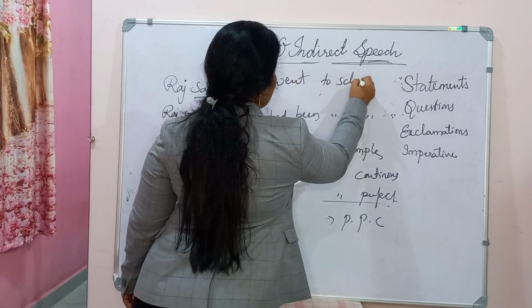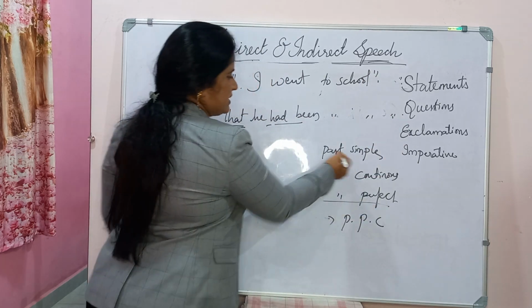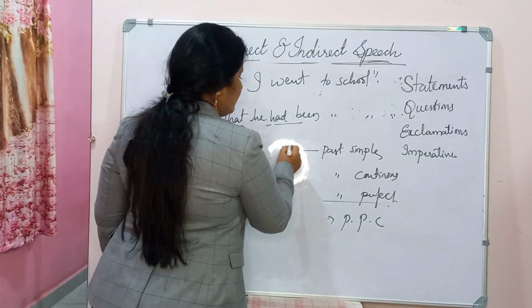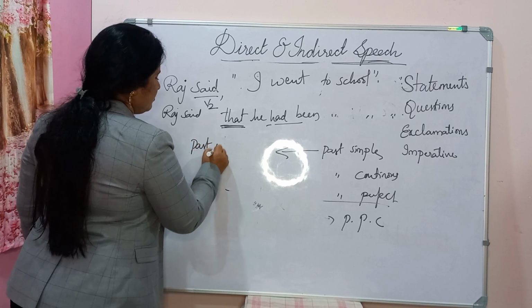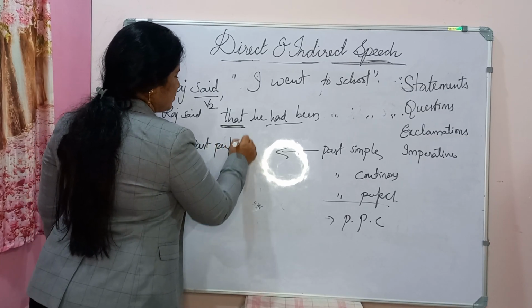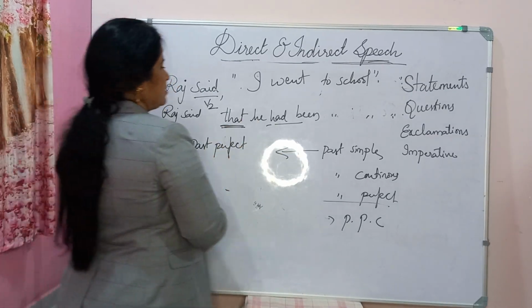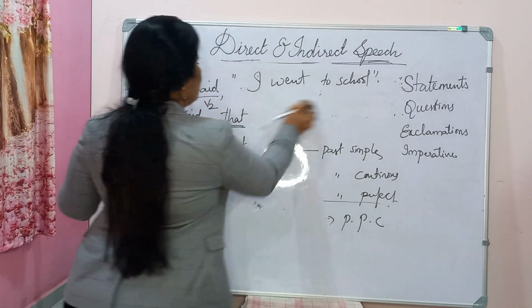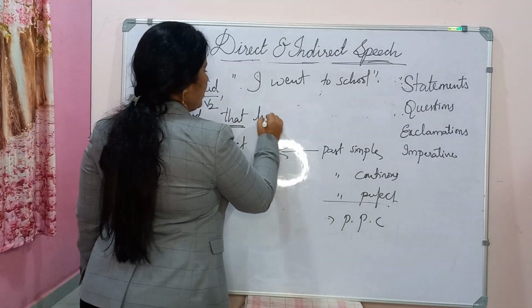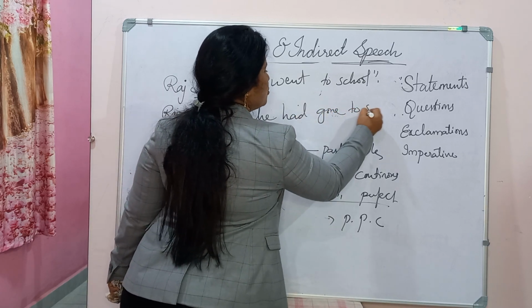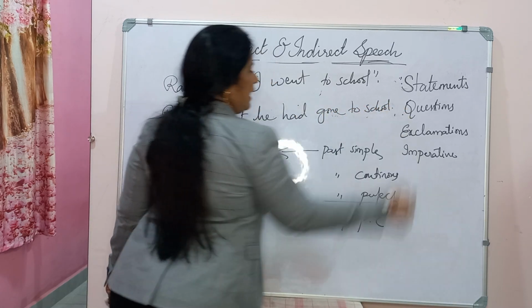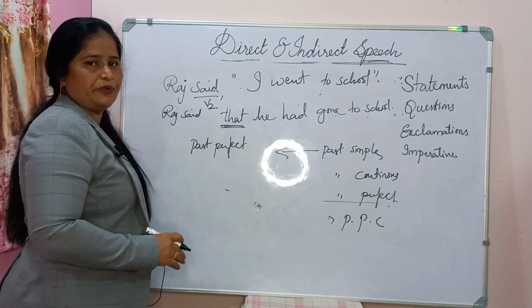Raju said that he went to school. It's in the simple past. So what will it be? Simple past will change into past perfect. Raju said that he had gone to school. This is how it comes.